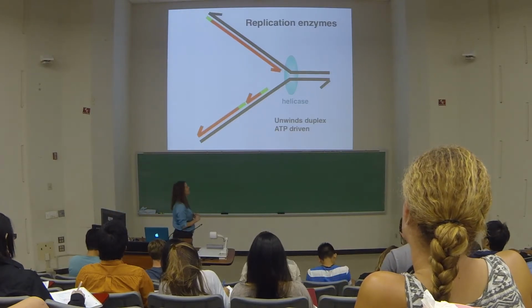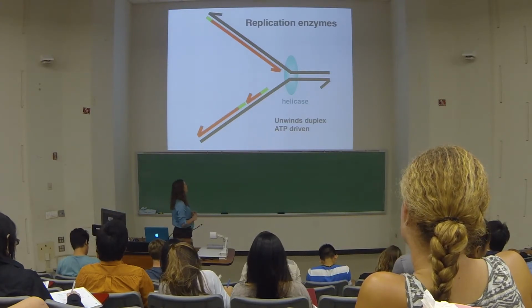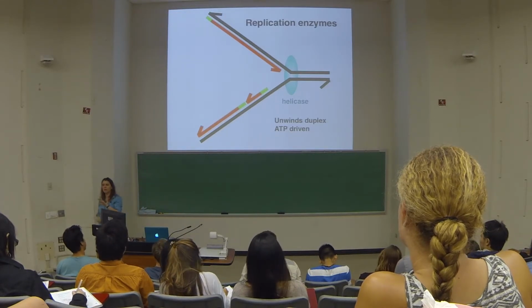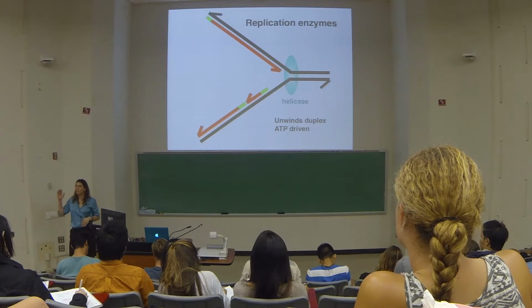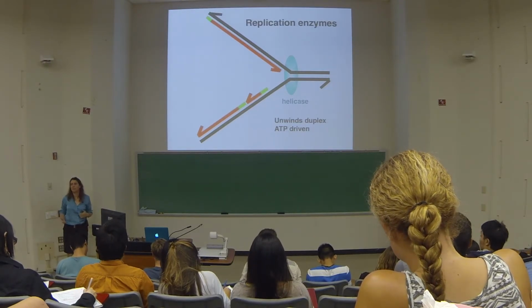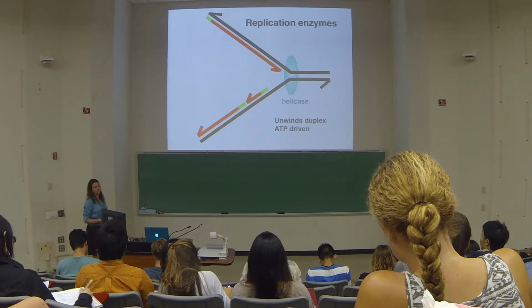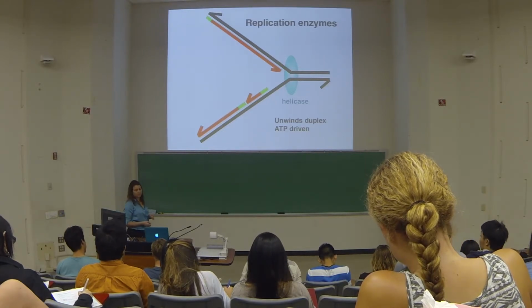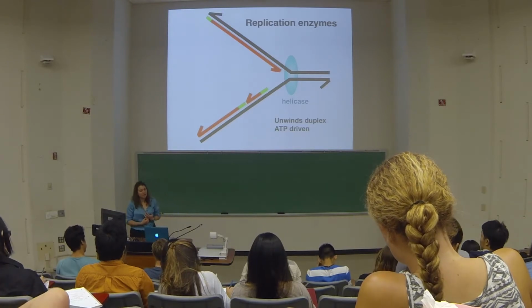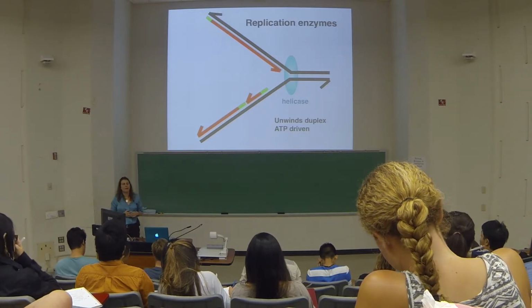In addition to polymerase 3, we have the helicase enzyme, which sits right at that replication fork and opens up that double-stranded DNA structure so that you have a single-stranded template for the polymerase to work on. It requires energy, it's driven by ATP, and it just unwinds that DNA.